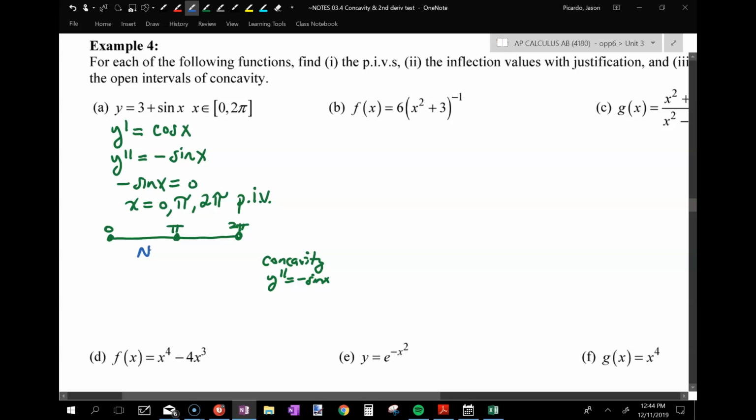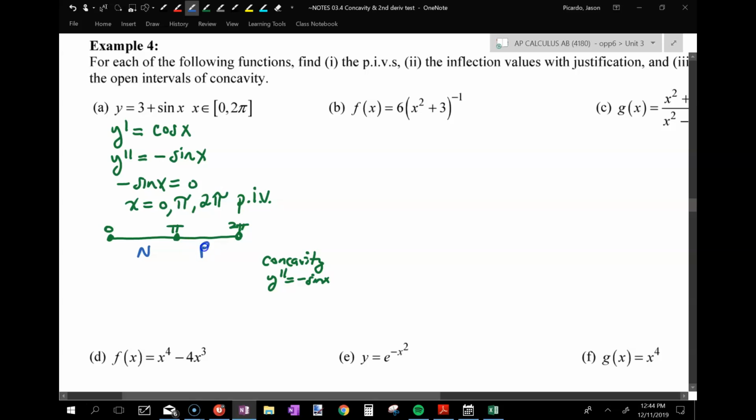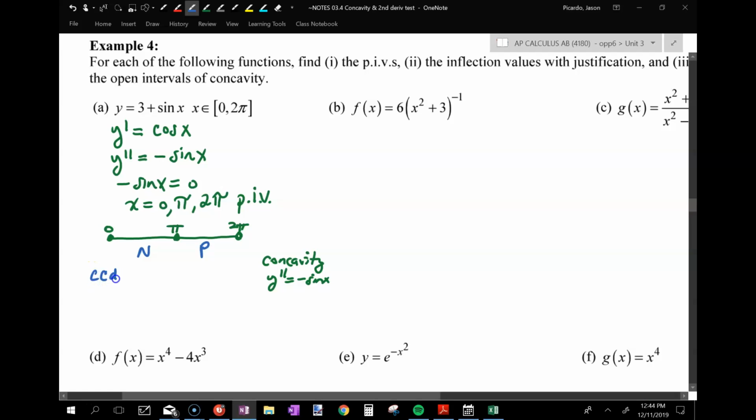All right, 3 pi over 2. That's in that next interval, right? Talk to me about sine of 3 pi over 2. It's negative 1. So what's negative sine of 3 pi over 2? Positive 1. So what does that mean? It means I was concave down from 0 to pi.